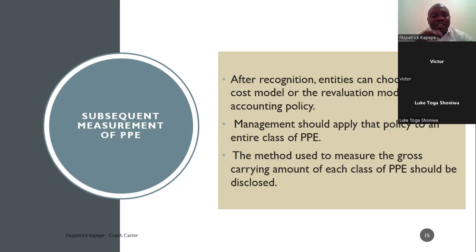Do not cherry pick, because as you cherry pick, you're creating chaos or manufacturing confusion. In short, you may also be accused of manipulating financial data or outcomes. The method used to measure the gross carrying amount of each class of PPE should be disclosed. You need to disclose.